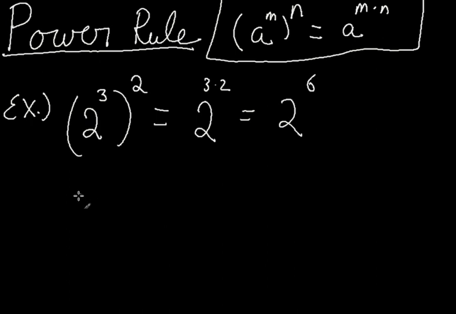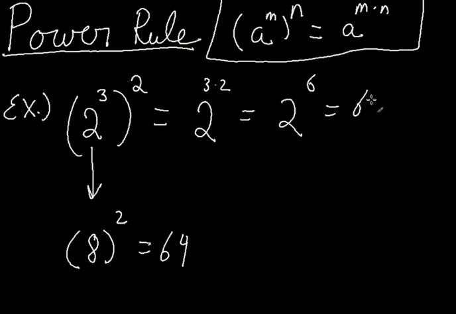Okay, but let's try to do it the older way and see if we agree with this. So if I simplified that, just to clarify, I'm just testing to make sure I understand the power rule. So this would be an 8, and I still have the square, and so 8 squared is 64. So yes, this is working out, okay?